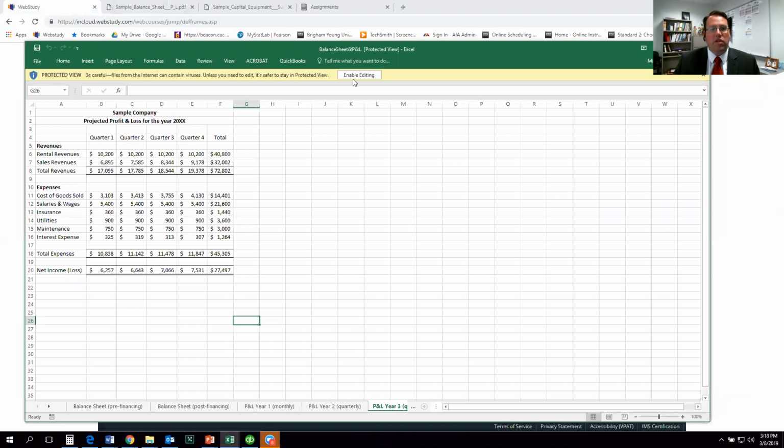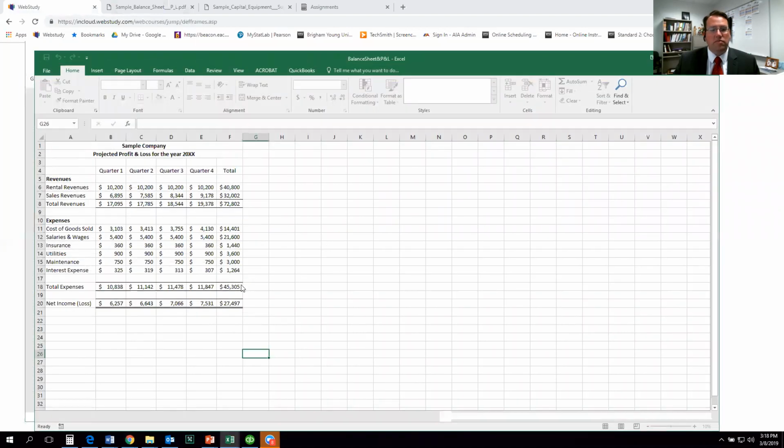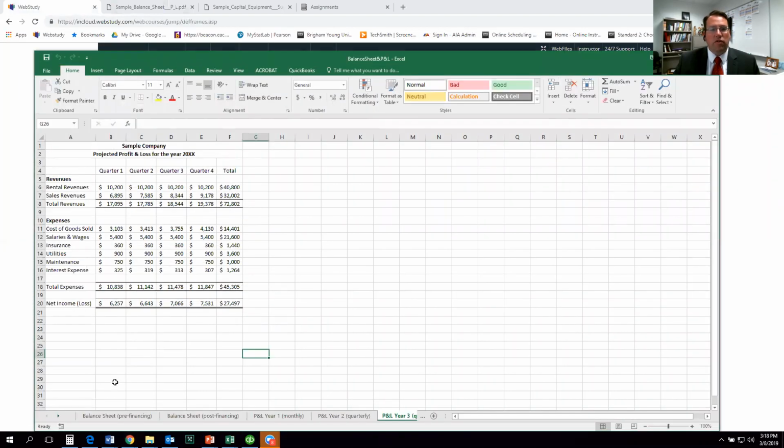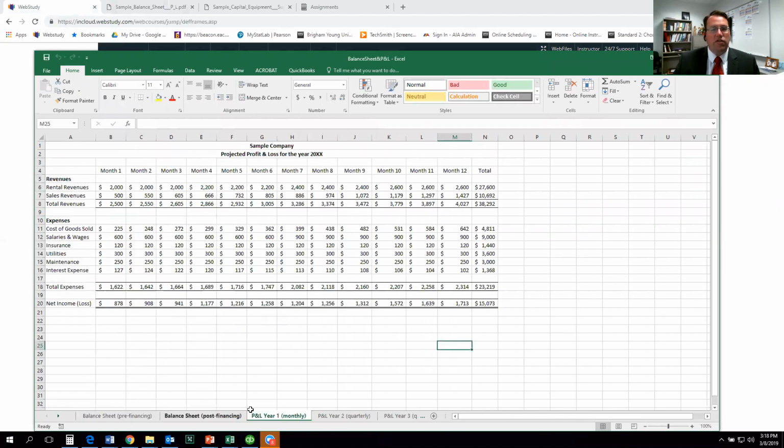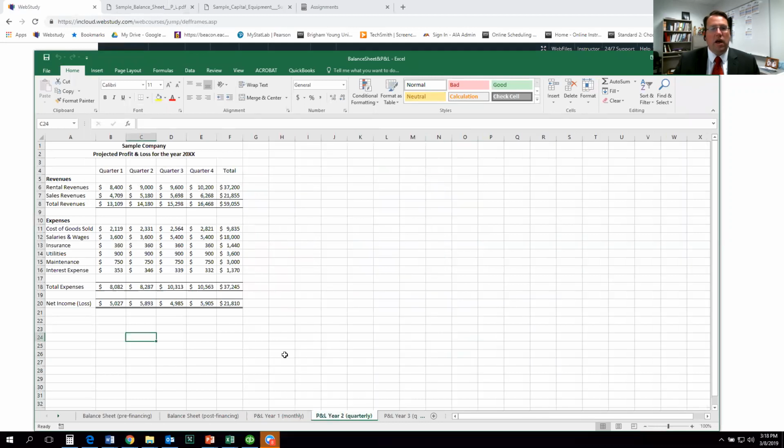It'll bring up this Excel spreadsheet that you can just fill in with your own information. So there's the balance sheets. You can put your own numbers in there. And then the first year P&L, which stands for profit and loss statement, and then the quarterly second and third year ones. So hopefully that will help you get started.